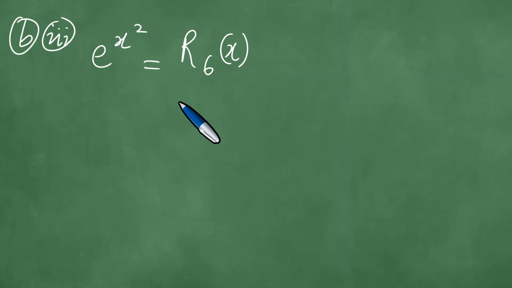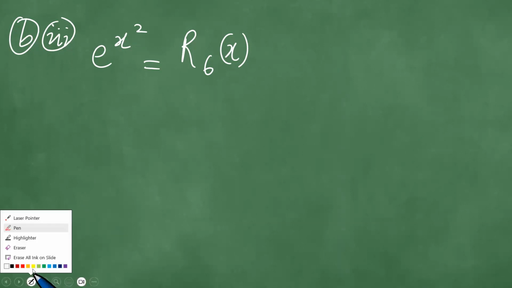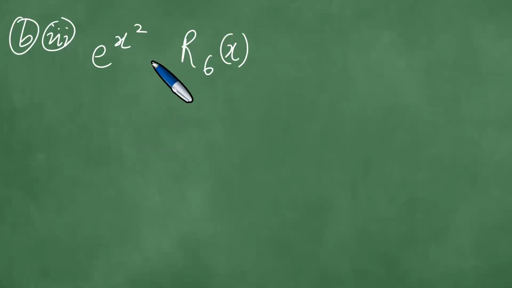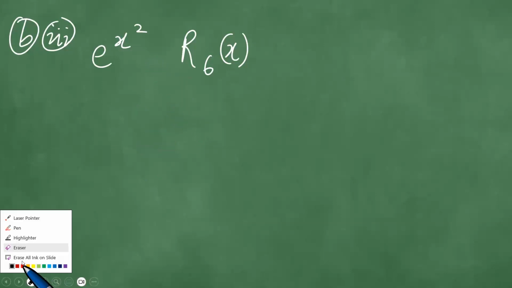What we would rather do is subtract, because if we want to find the Pade approximation, we can just subtract the R6.